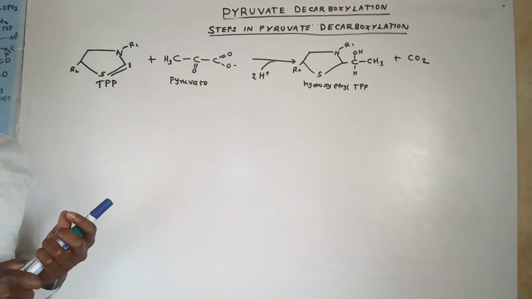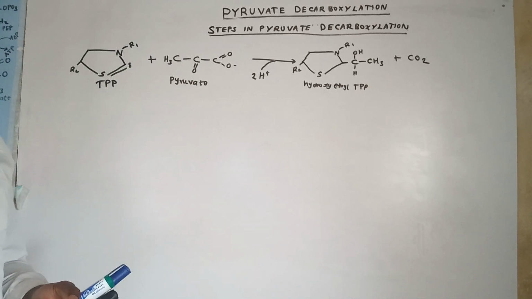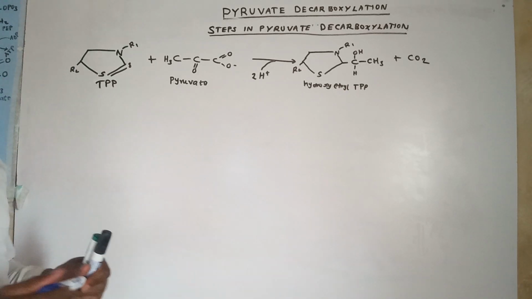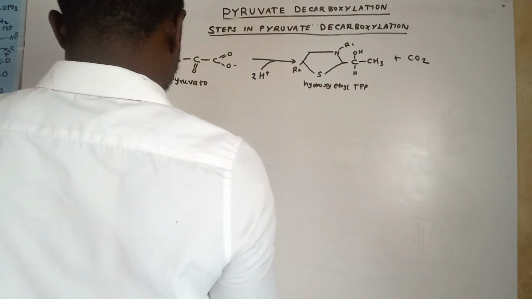So we go to step number 2, where we have the hydroxyethyl group being transferred onto the lipoamide group of the protein complex, forming acetyl lipoamide. So this one is added to lipoamide.